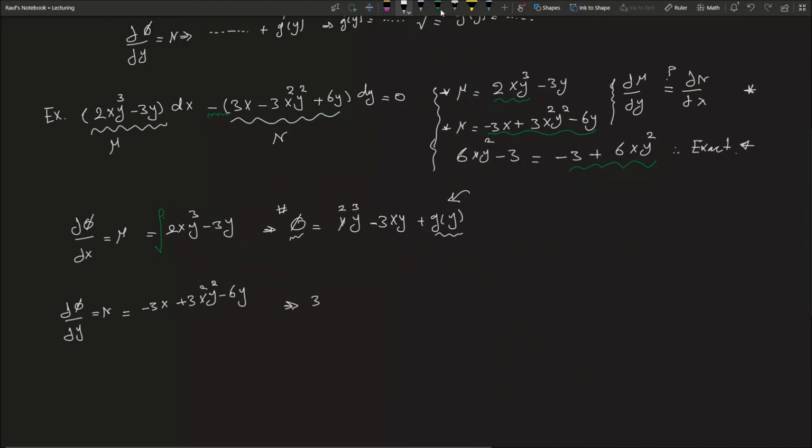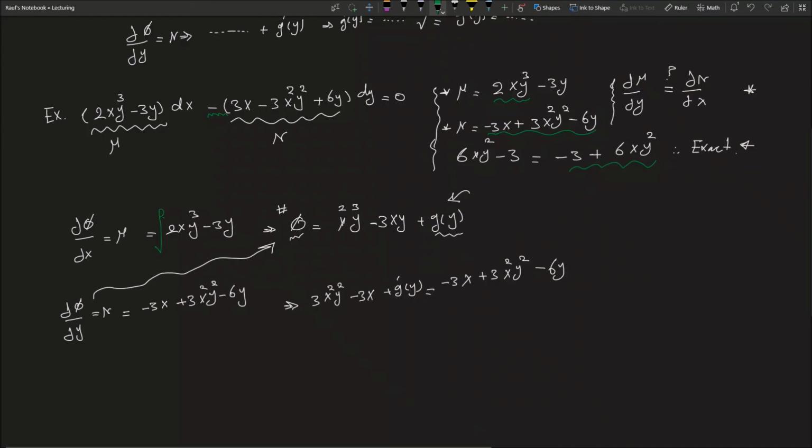So we can say 3x squared y squared minus 3x plus g prime of y, as we differentiated the function phi, equals minus 3x plus 3x squared y squared minus 6y.